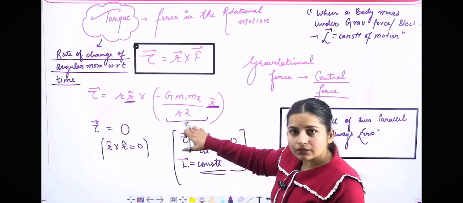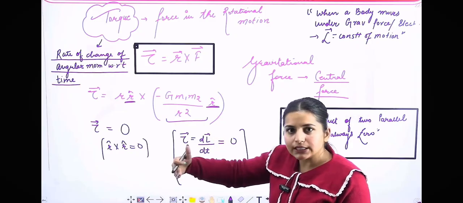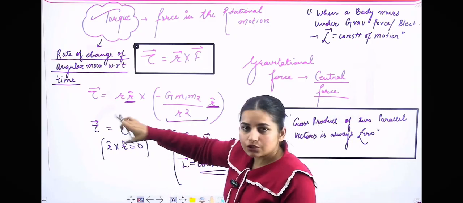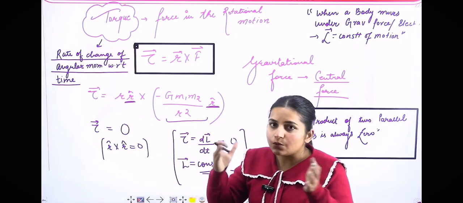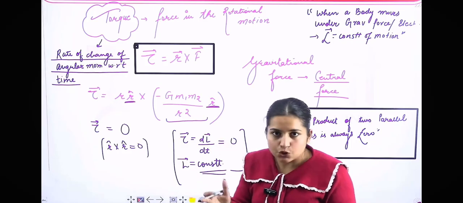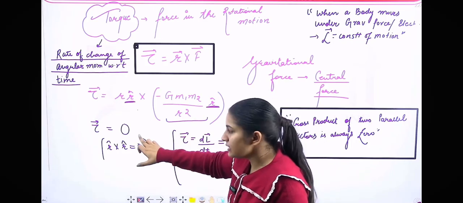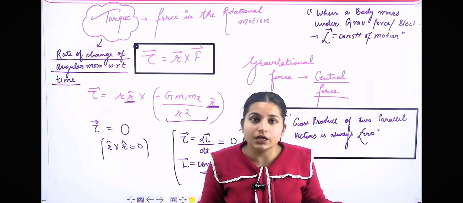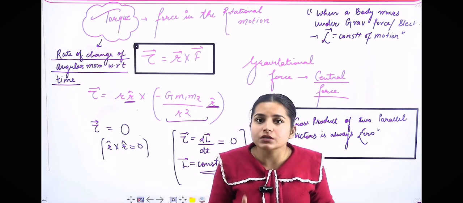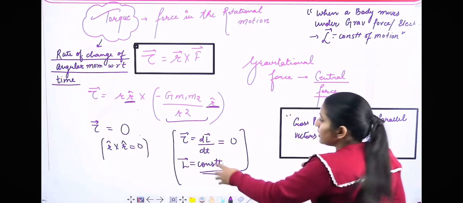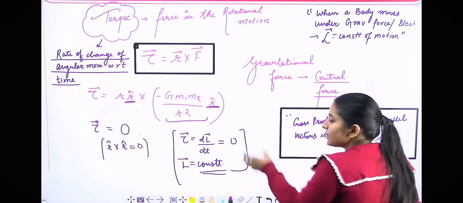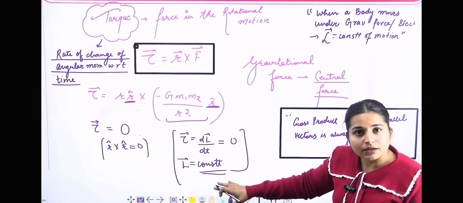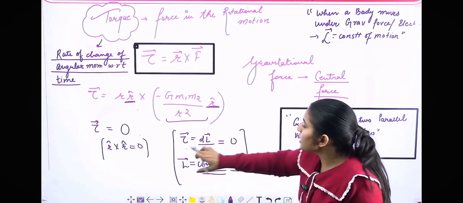It acts along the line joining the center of force, and here is the position vector along that. So पैरेलल वेक्टर्स का क्रॉस प्रोडक्ट क्या होता है? 0 होता है. तो टॉर्क 0 आ गया. And torque is nothing but the rate of change of angular momentum with respect to time, and it is coming to be 0.